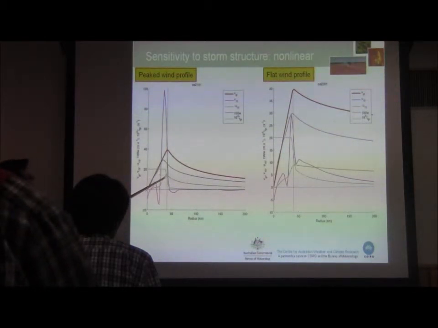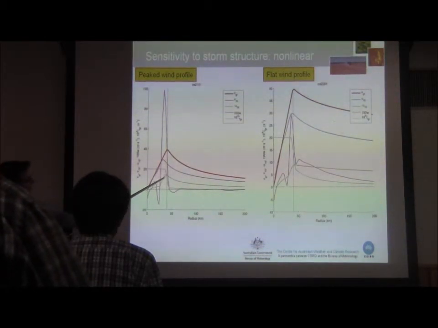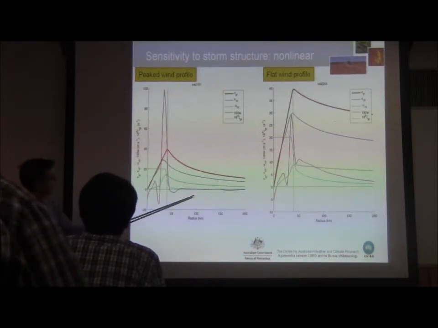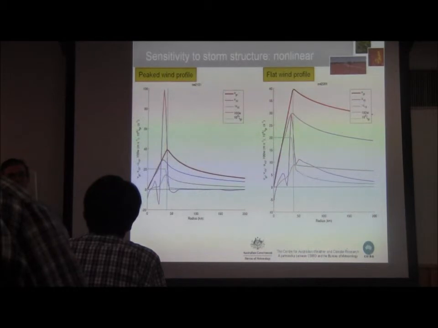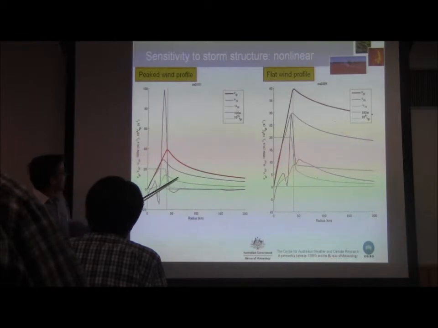The radial flow is much more peaked in this case than in this one, that even though we've got convergence because it's coming towards the centre of the storm, it's actually coming faster and faster towards the centre of the storm, and it doesn't turn and head upwards until it hits the eyewall.